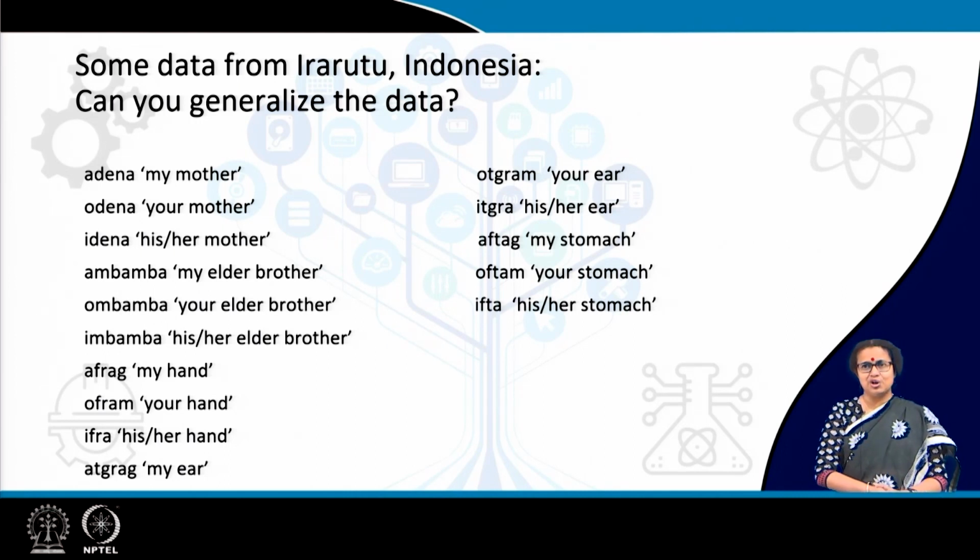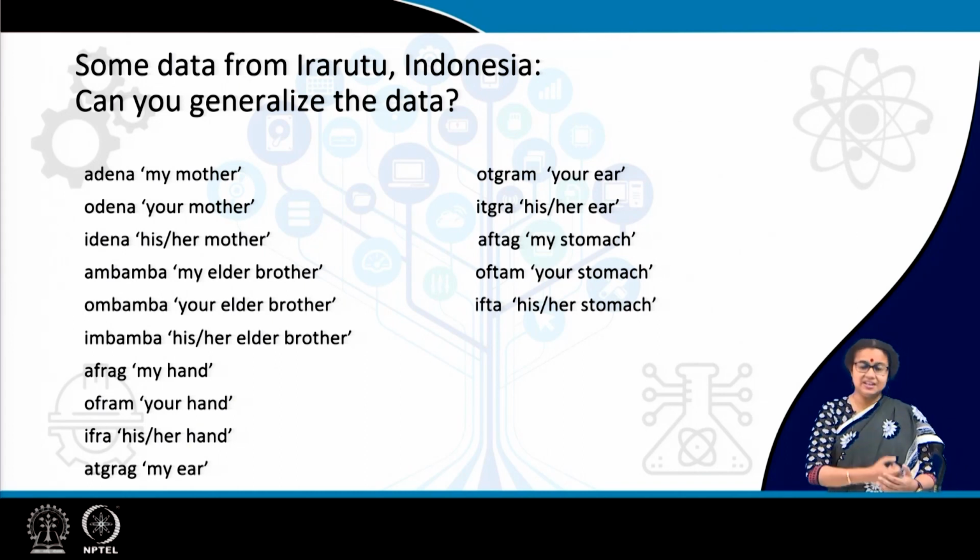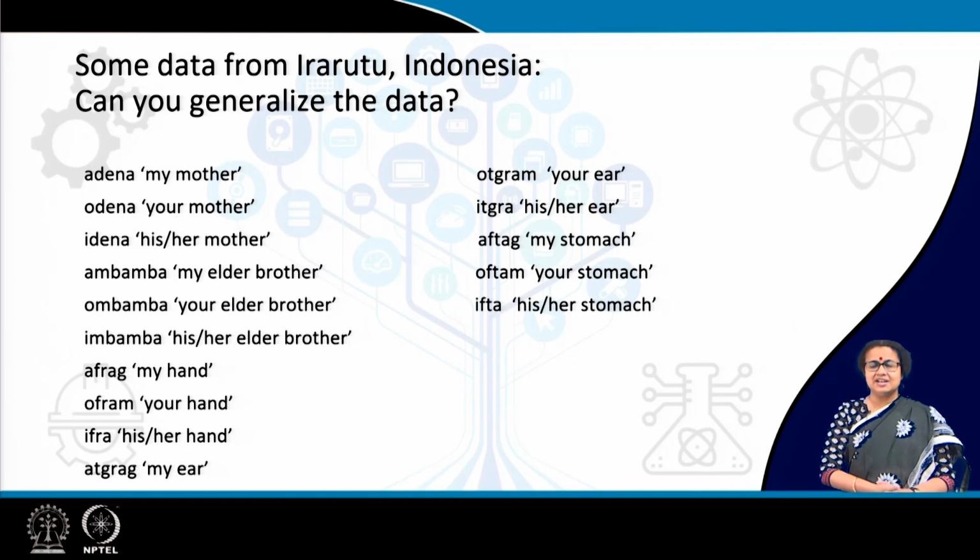When we work on any language, we have the data in IPA, and you also have the meaning component. So, both the phonological form and the meaning help us to conduct any kind of analysis, right. By now, you have understood that. So, we have to go through the meaning and examine the phonological shape. So, Adena my mother, Odena your mother, Idena his mother.